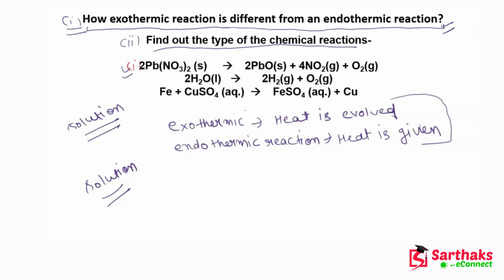Here lead nitrate is decomposed into three products: lead oxide, nitrogen dioxide, and oxygen. Because lead nitrate is decomposed, it is a decomposition reaction.